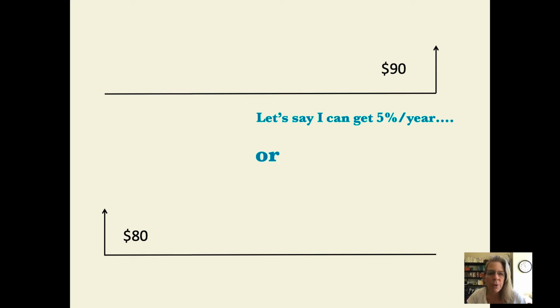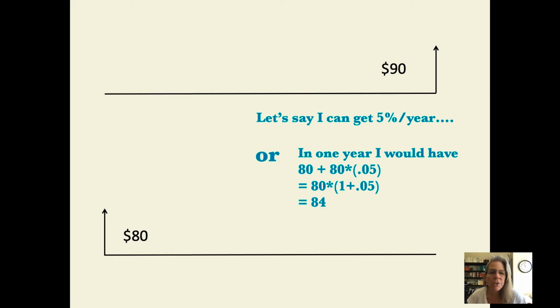So now I'm going to be shifting that $80 to 1 year in the future, and then I can directly compare it to the $90. In 1 year, I'll have $80, plus the interest that I earned on $80 at 5%. I just do the algebra, which means I'd have $84 in 1 year.